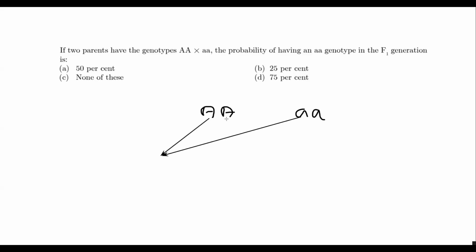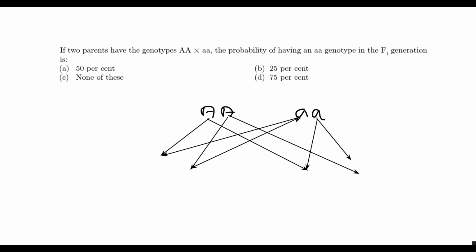First with first, first with second, and second with second. So it's going to be capital A, small a, capital A, small a, capital A, small a, capital A, small a.